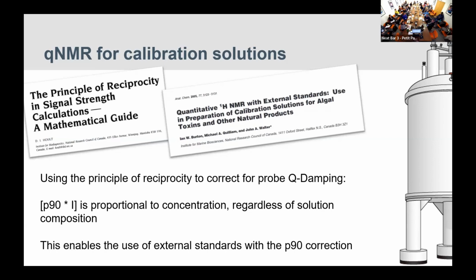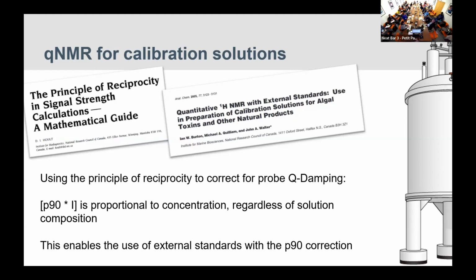This is really the 90s, maybe even the 80s, a very, very old principle, based on which in 2005 our institute came up with quantitative 1H NMR using external standards, which is what was later called PULCON, or ERETIC 2 for Bruker users.